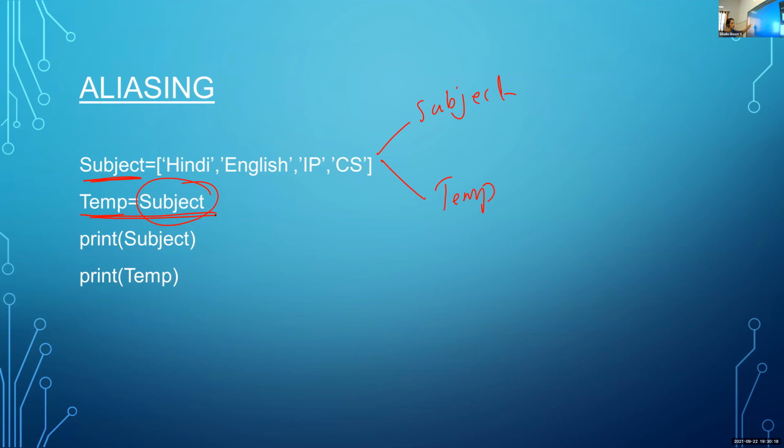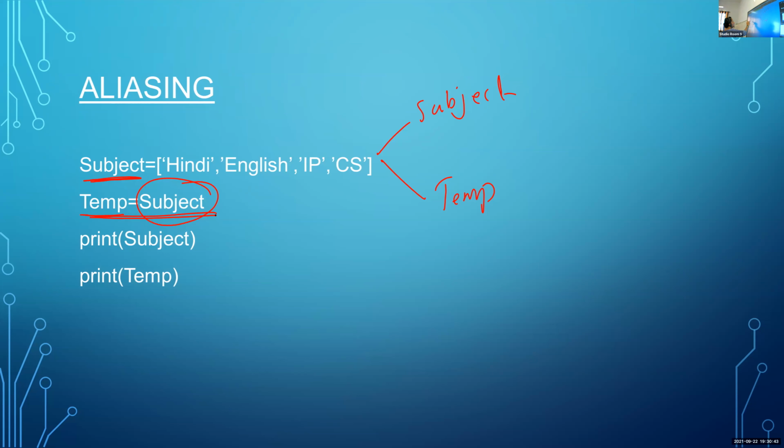Temp equal to subject. So subject is the first list name. For duplicating or aliasing, first you write the new name. So it is temp. Temp is equal to subject. Temp is the new list name. Subject is the existing list name. So temp equal to subject means we are giving one duplicate name for that subject.